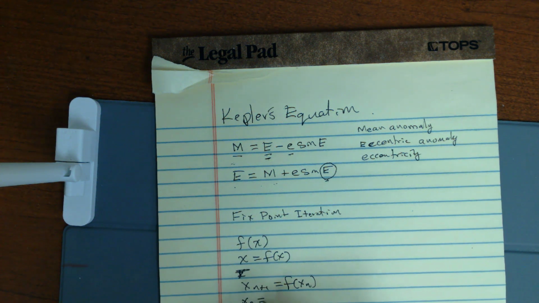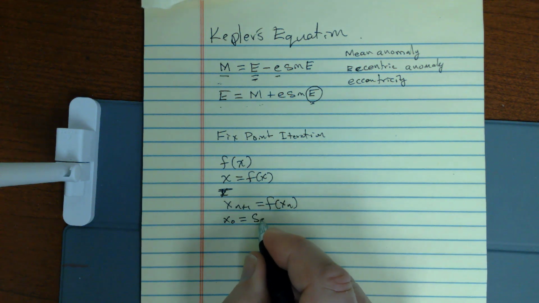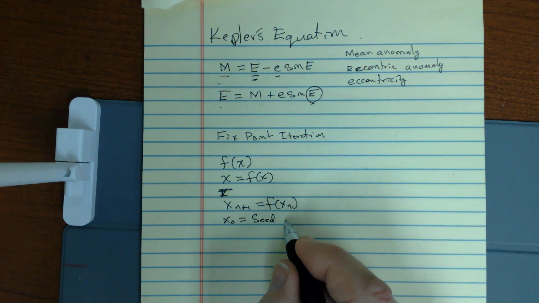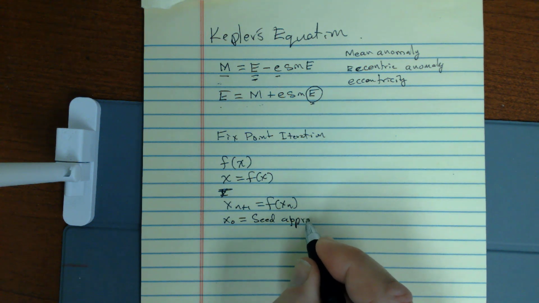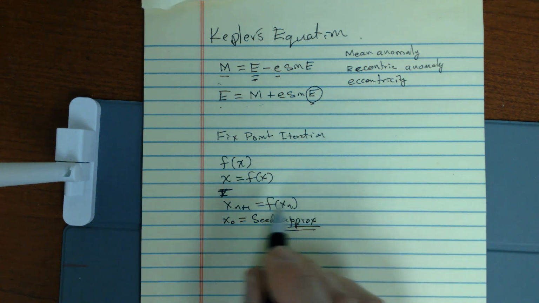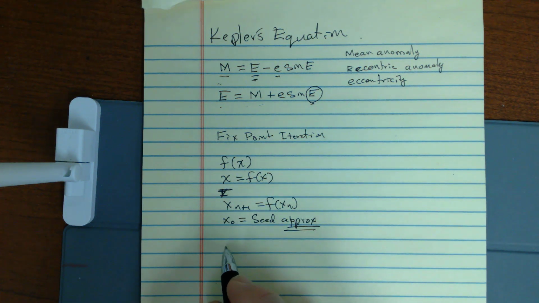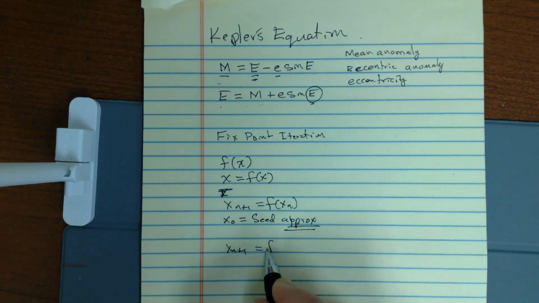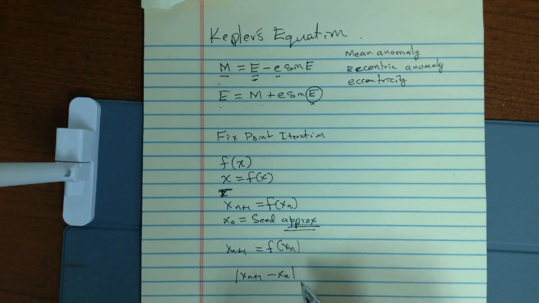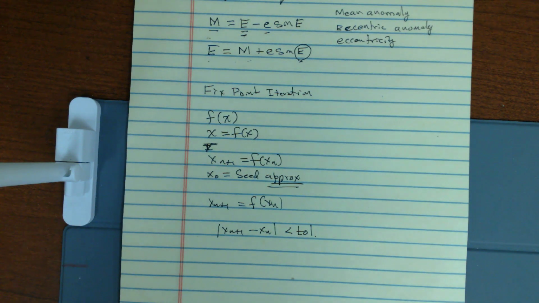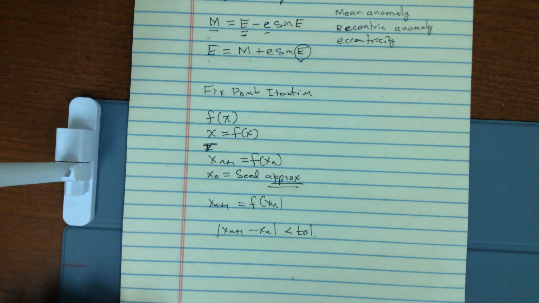And you start out with some x naught, that is your seed value, an approximation of the value you're looking for, and then you continually run through x sub n plus 1 is equal to f of x sub n over and over and over until x sub n plus 1 minus x sub n is within some tolerance value. Okay, and that will be an answer.